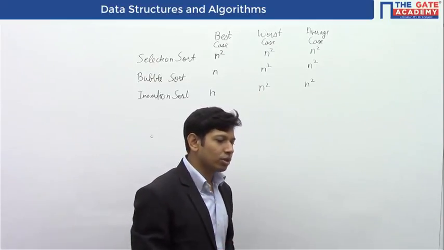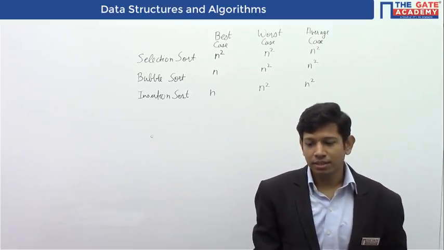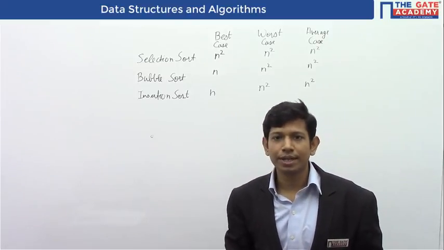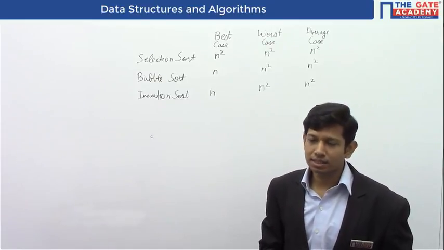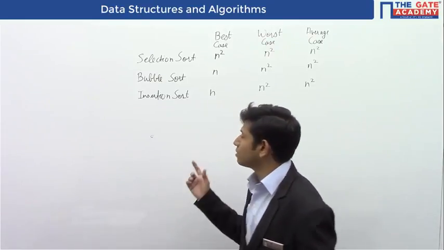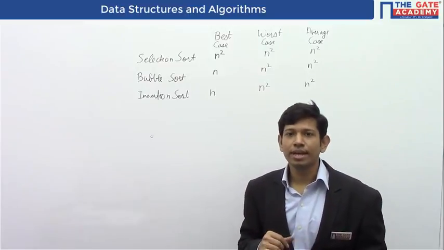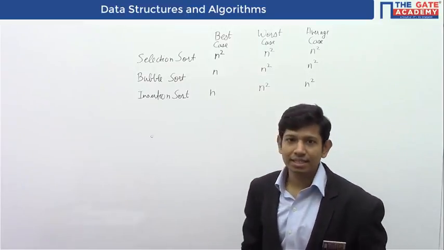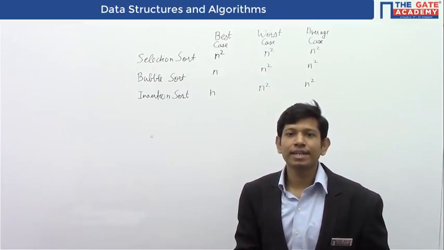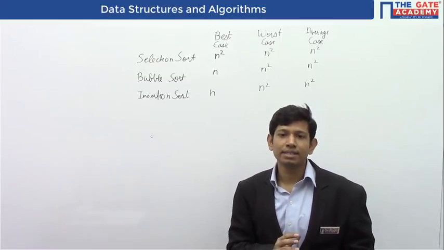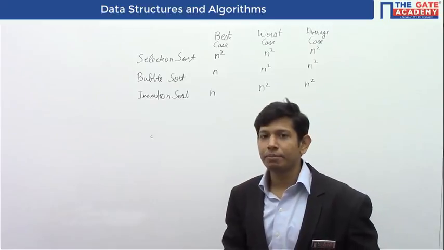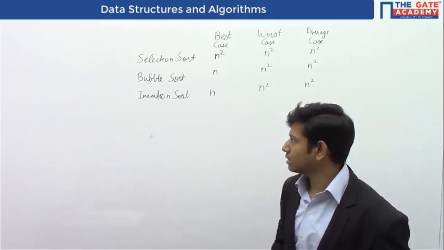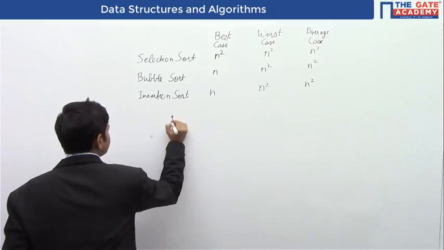In bubble sort, whatever be the number of swappings that we need to make, still we need to make n comparisons. So the first reason why insertion sort is better than bubble sort is that even in the best case, bubble sort definitely has to make n comparisons in every pass, whereas in case of insertion sort, it might be less than that. This is the first reason.